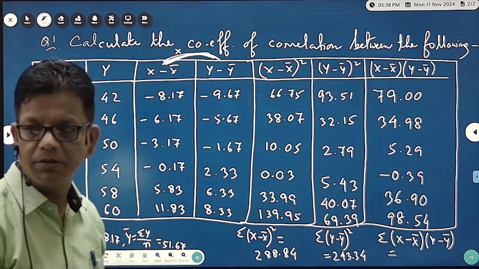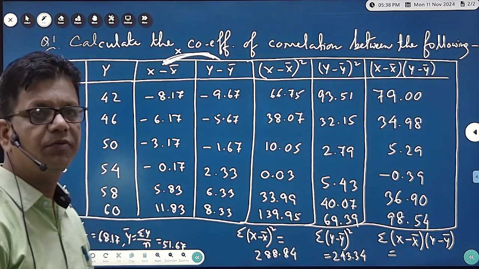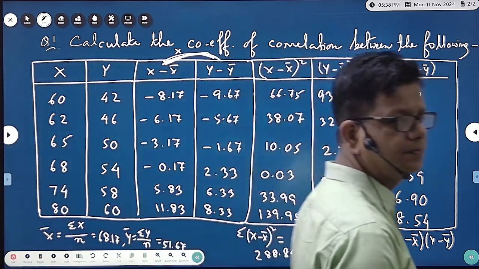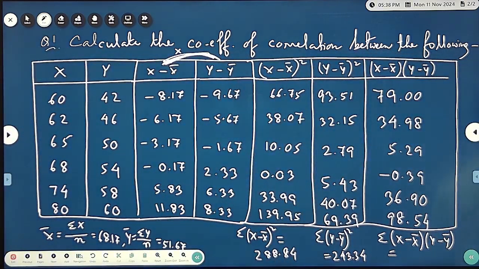Getting different ones? You got a different one? Come on. How much? Are you getting the same number? 254. Check it. This number you have to subtract, minus 0.39.